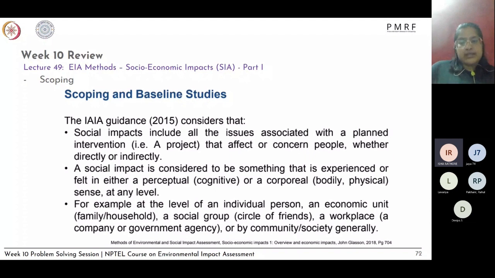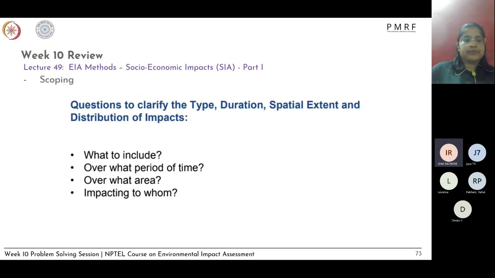The social impact can be considered as either perceptual, cognitive, or corporal, which is bodily or physical, at any level. For example, the level of an individual person, an economic unit, a social group, a workplace, or a community or society. So the level can be just an individual person or a family or a household, a group of friends, a workspace setting, or a community or society altogether. So you can do it at different levels as well.